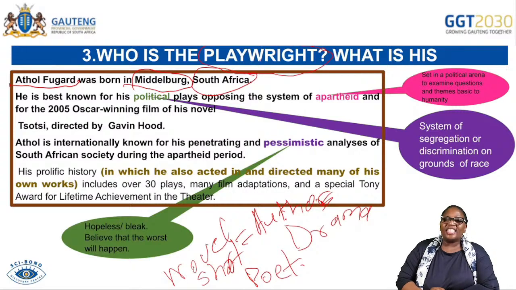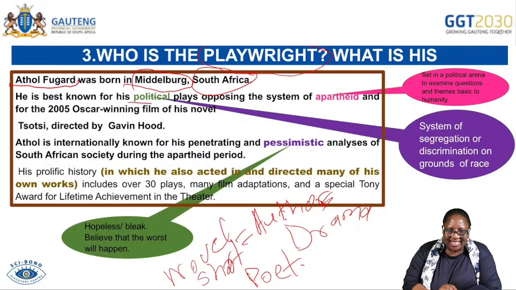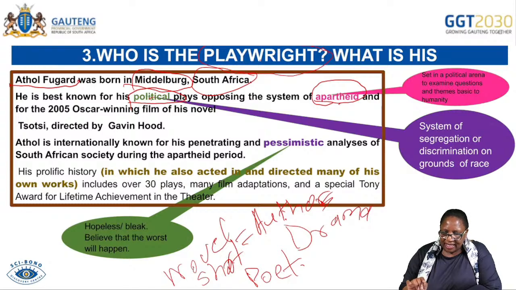Athol Fugard is known for his political plays, the plays opposing the system of apartheid. I'm sure you're familiar with the words political and apartheid.